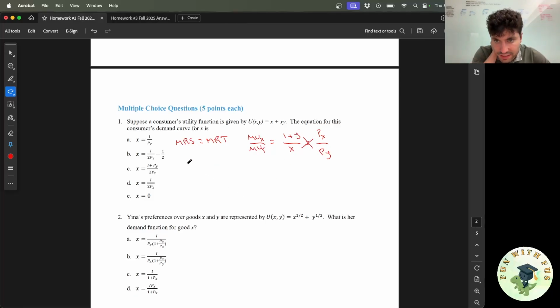We're going to get, I'll just expand that out a little, like this, 1 plus y. So we're going to get py plus y times py equals px times x. And what I want to do with this is the same as every other demand function.